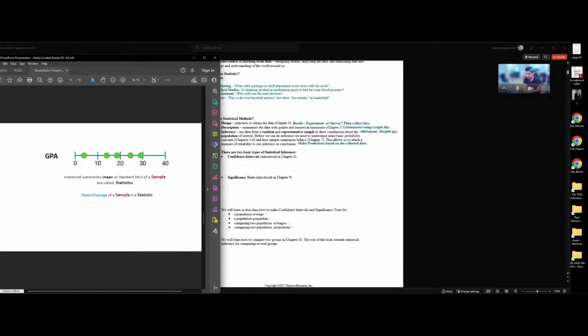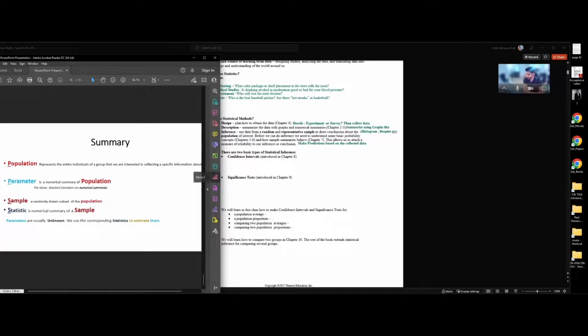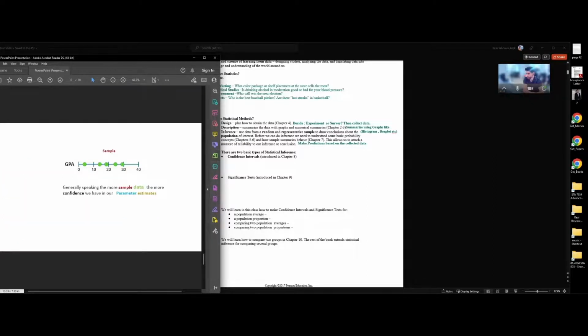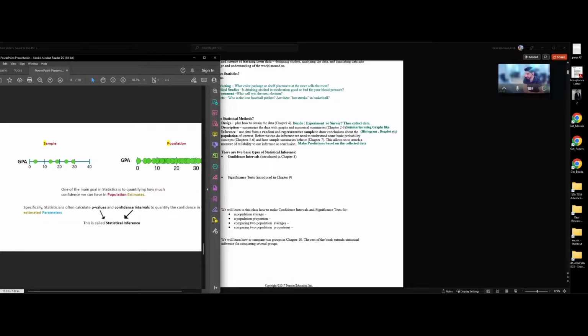These are the first 4 concepts, and then, as I said, generally speaking, we try to examine how confident we are that the population estimates are correct or not, given that we calculated them from specific sampled students.